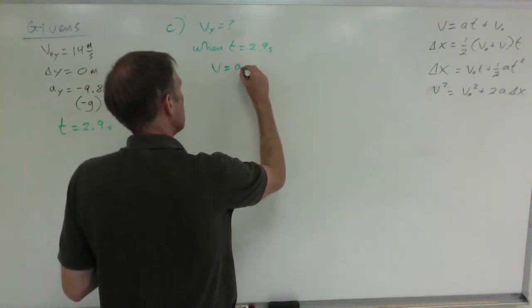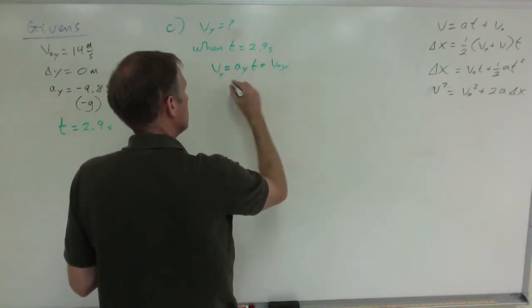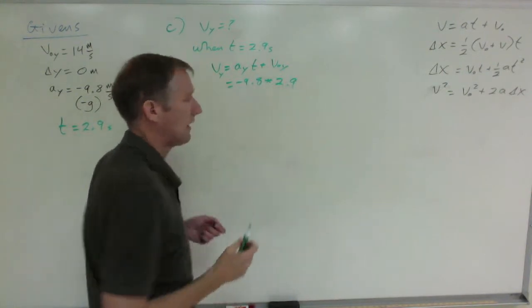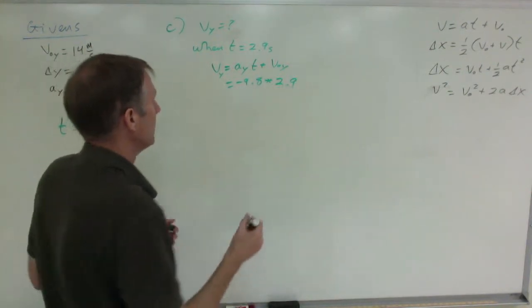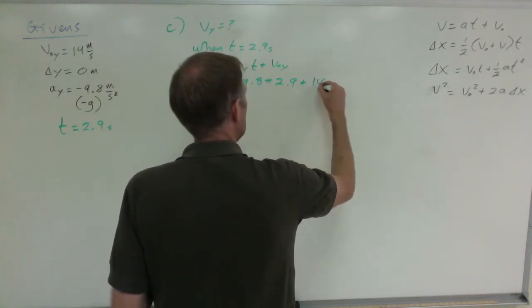V equals AY times t plus V sub 0 y. So that's negative 9.8 times 2.9, or it's actually 2.857, plus 14.